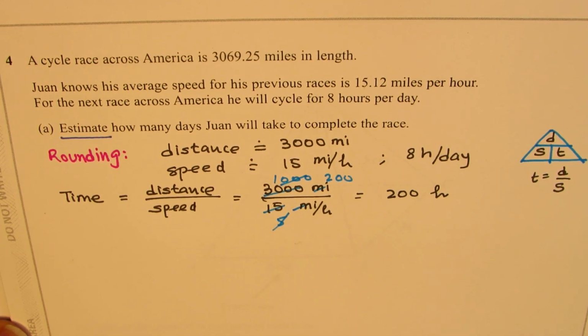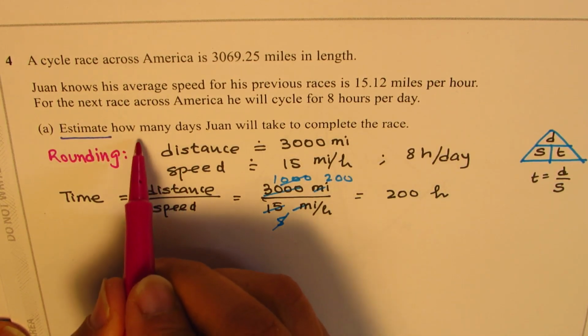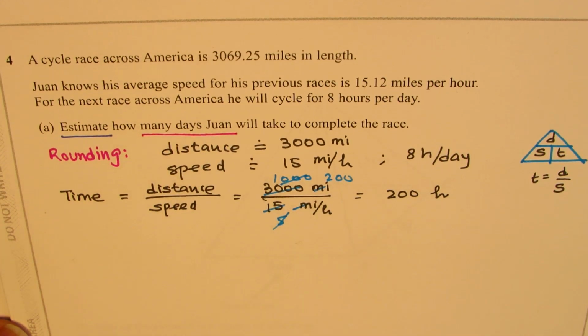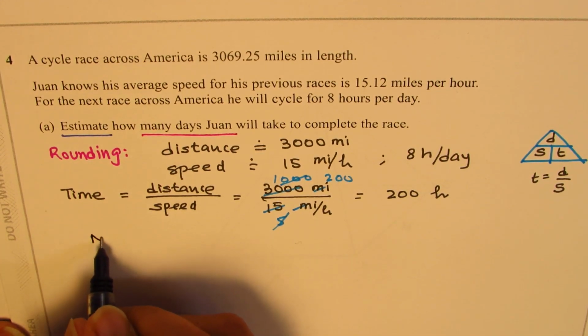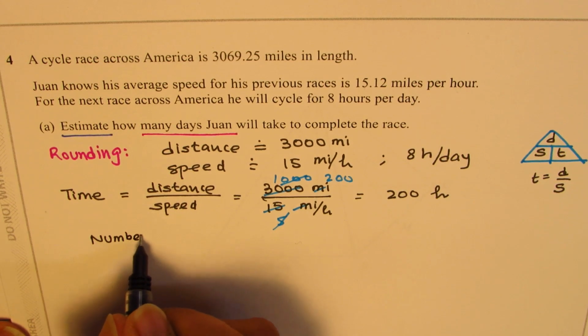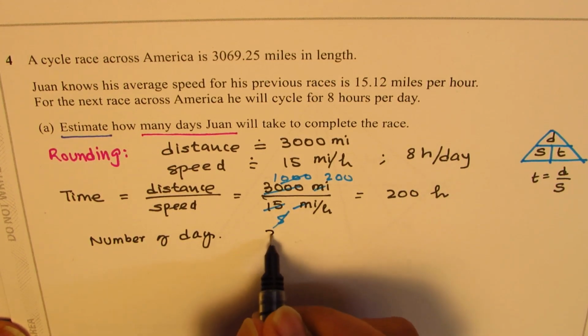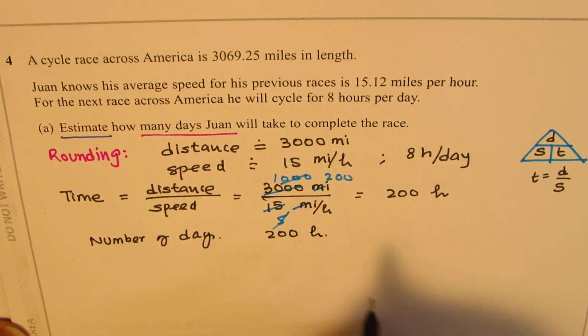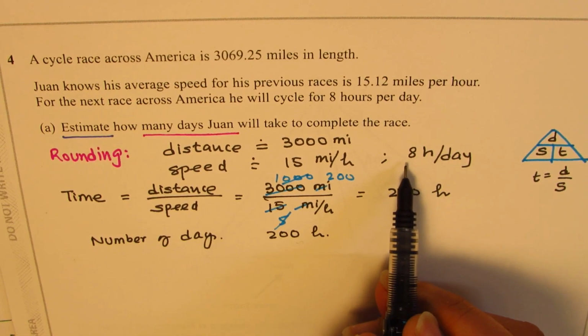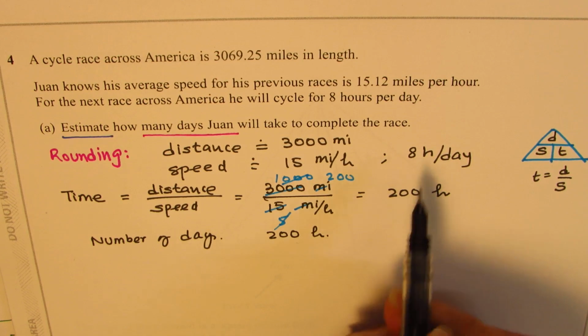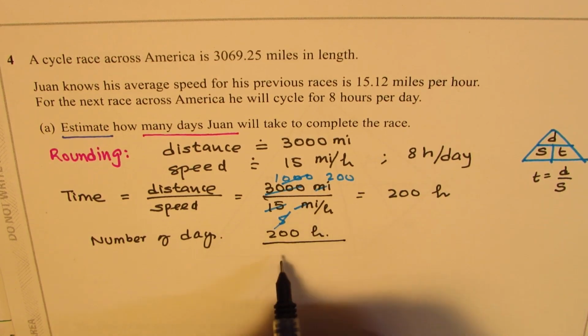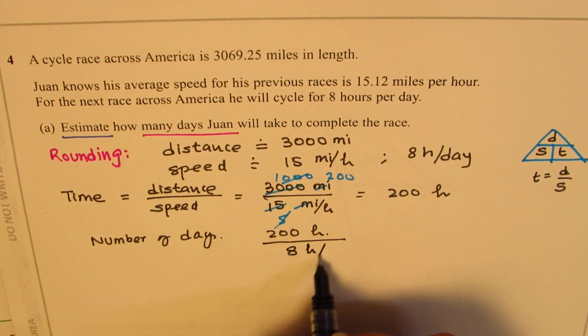Now we actually want to find how many days. So we want to write down the number of days. So we have 200 hours, and every day we're running for 8 hours. So divided by 8 hours per day.